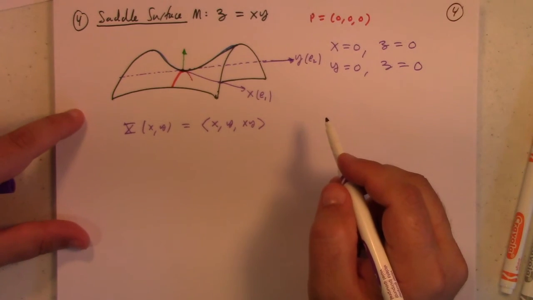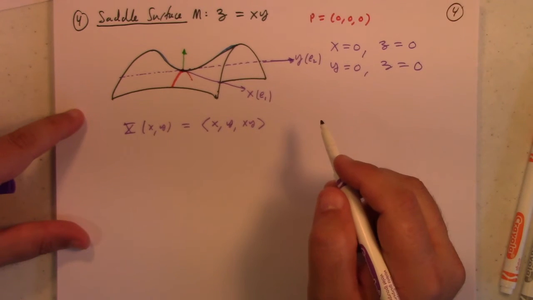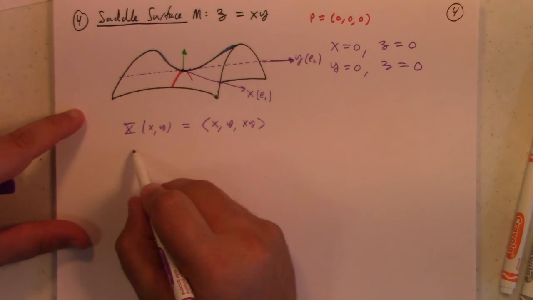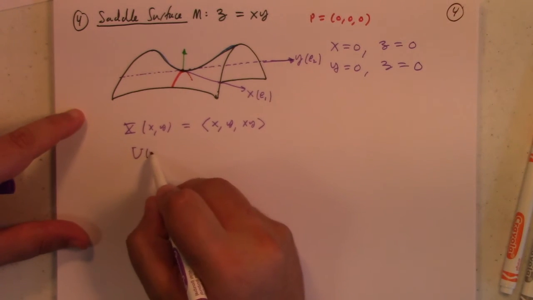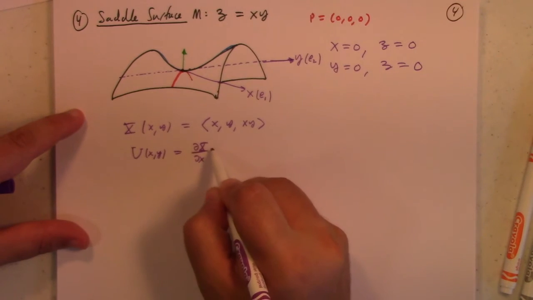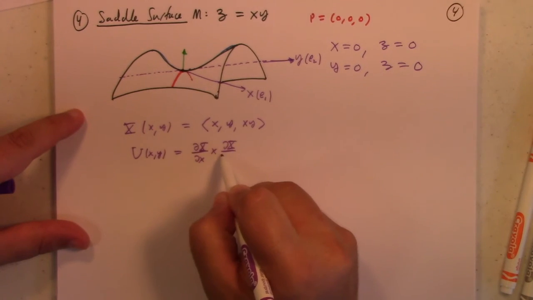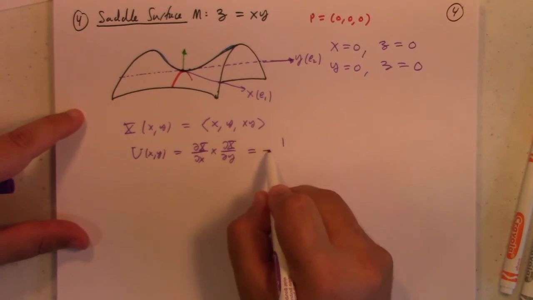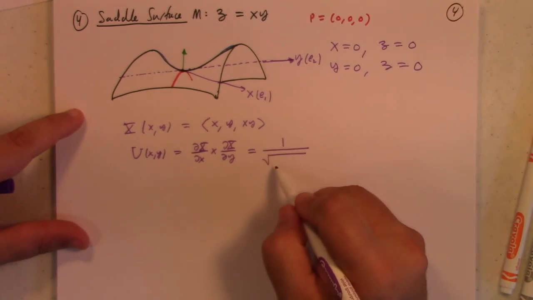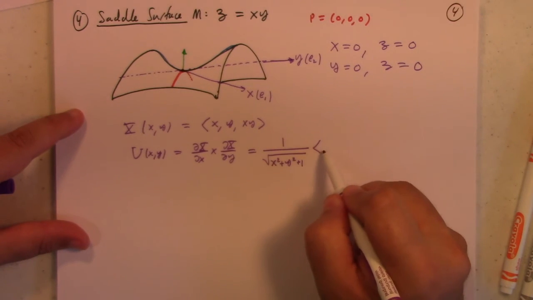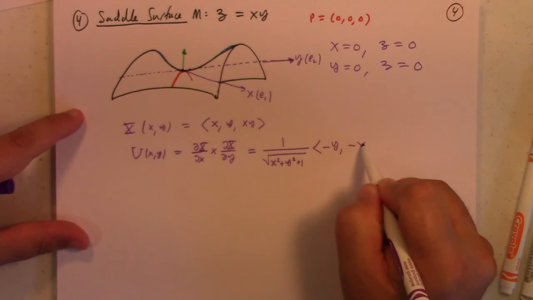A short calculation will show you that the unit normal, which you can get from calculating partial x cross partial y, when you normalize it, is 1 over the square root of x squared plus y squared plus 1, times minus y, minus x, 1.